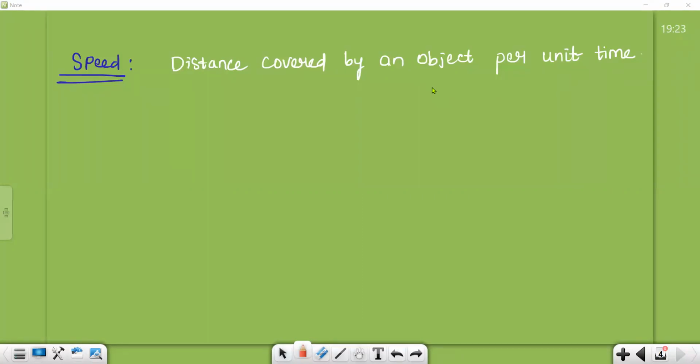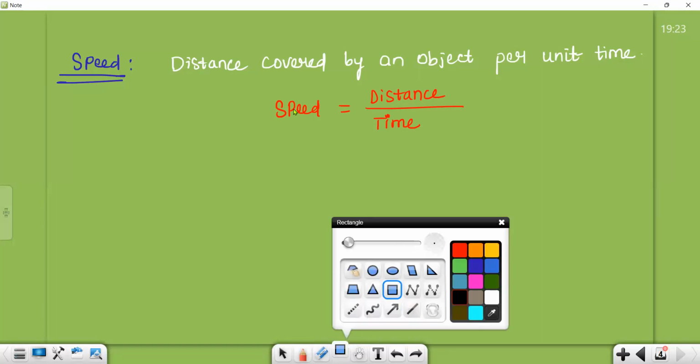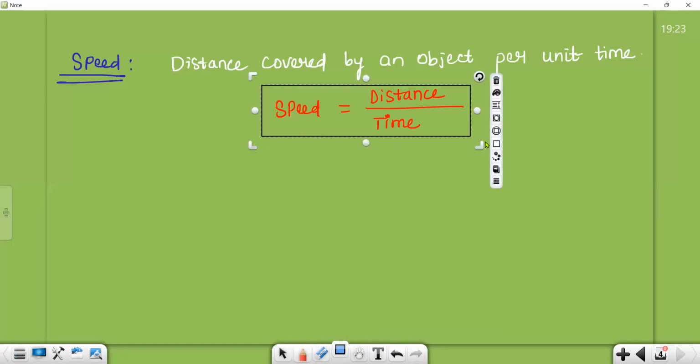Ma'am, I have a doubt related to uniform and non-uniform motion. Earth is rotating around the Sun in the same speed every single day. Is it called uniform motion or non-uniform motion?